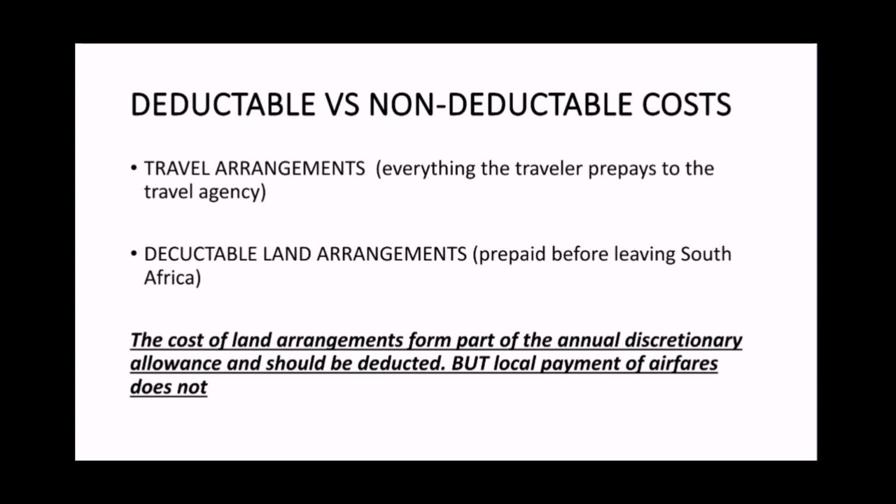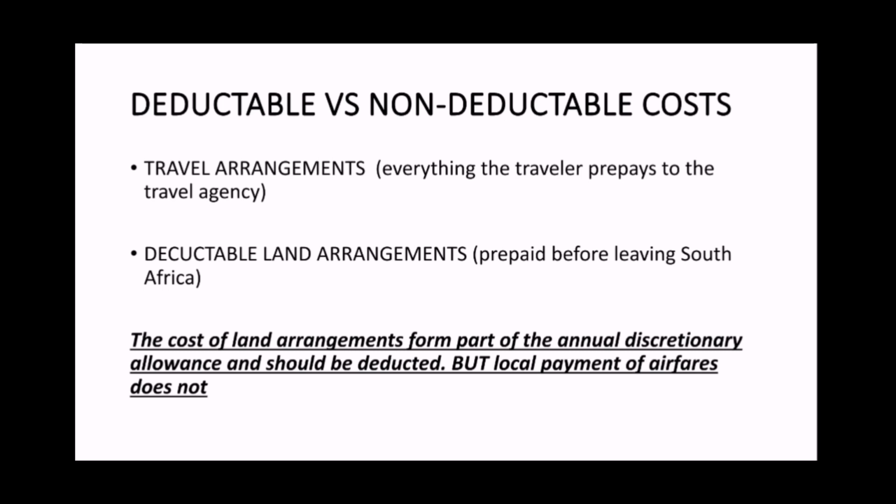These items are paid in South African rand, and therefore we don't have to deduct them from the annual travel allowance. So that's where the deductible and non-deductible comes from. Non-deductibles are things that are paid in South African rand, and therefore we don't calculate them when deducting from the annual travel allowance.